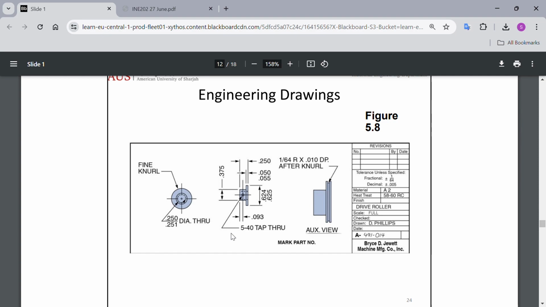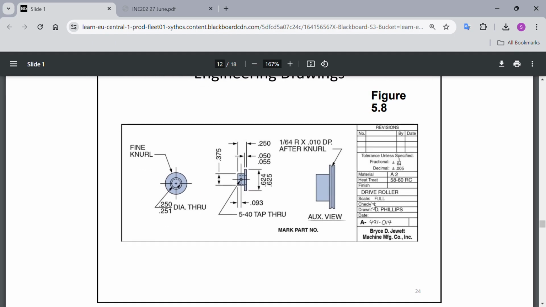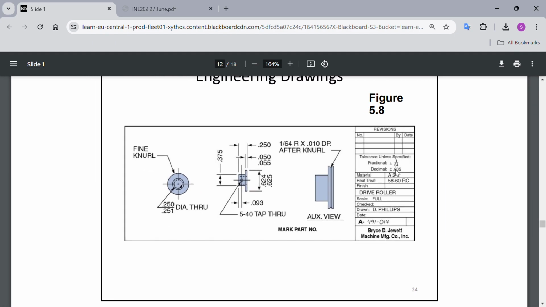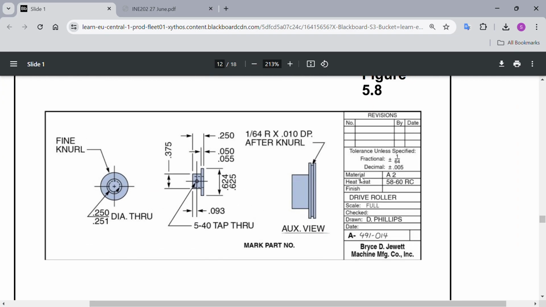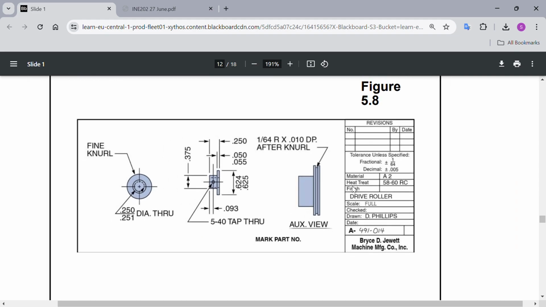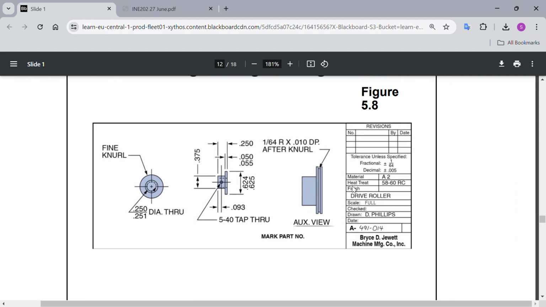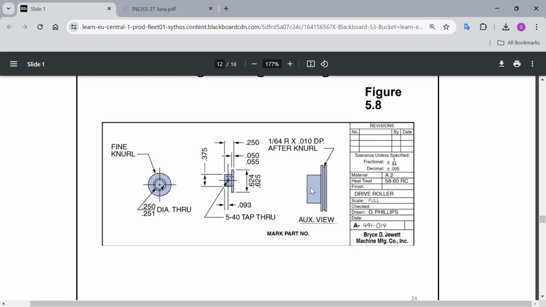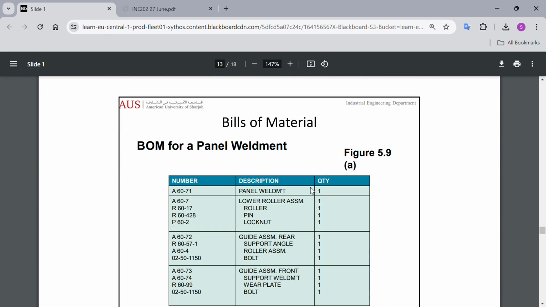It's one of such softwares you can use to make a 3D CAD design. As you can see to the right, we have some of the materials. It says the material A2, heat treat, and others. Many information about the materials and this specific component.